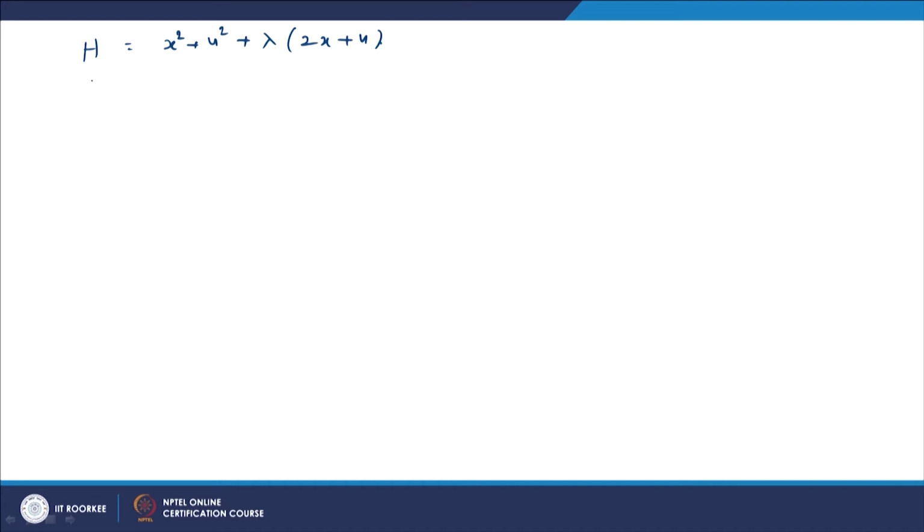And the conditions are del h by del u equal to 0. That implies 2u plus lambda equal to 0, so u is equal to minus lambda by 2; that is one equation. The second equation is del h by del x equal to minus lambda dot, so lambda dot is minus del h by del x.